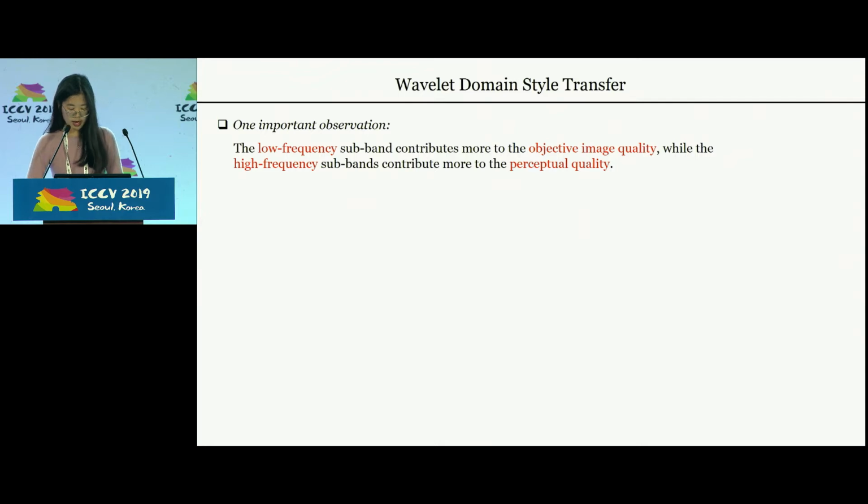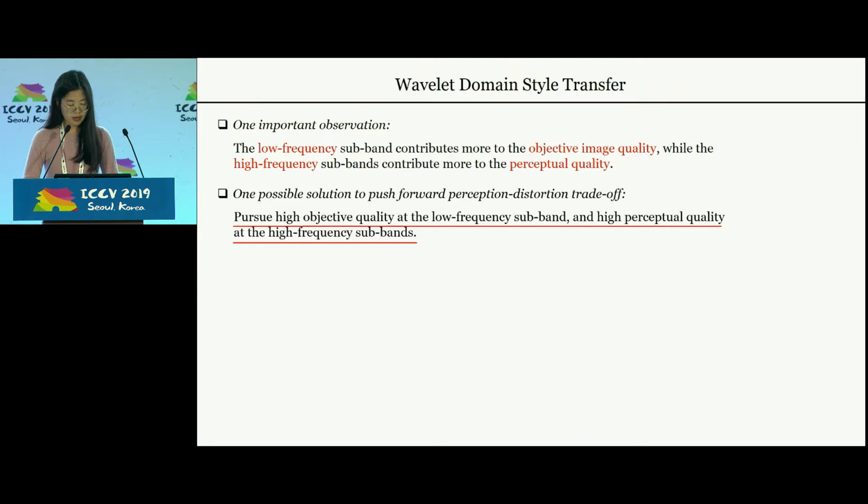Now we have this very important observation: low-frequency subbands contribute more to the objective quality, while the high-frequency subbands are important for the perceptual quality. Based on that, we can have a possible solution. That is, we can pursue high objective quality at the low-frequency subbands and high perceptual quality at the high-frequency subbands.